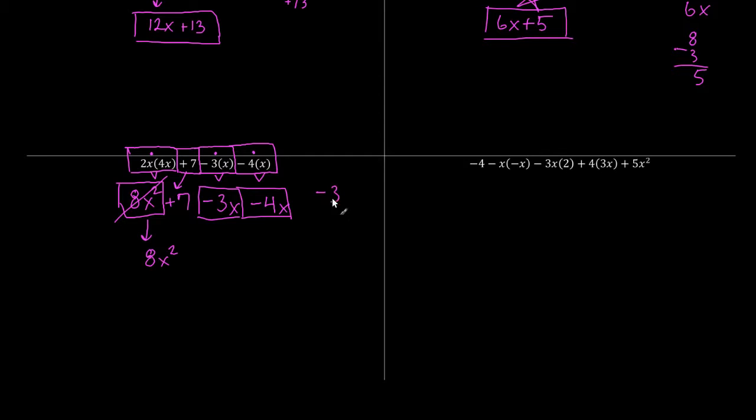So negative 3x minus 4x. We put them together, we get negative 7x. Remember, we're not multiplying. We just have negative x, negative x, negative x, and negative x, negative x, negative x, negative x. We have negative 7x's, minus 7x. And then we have this plus 7 right here.